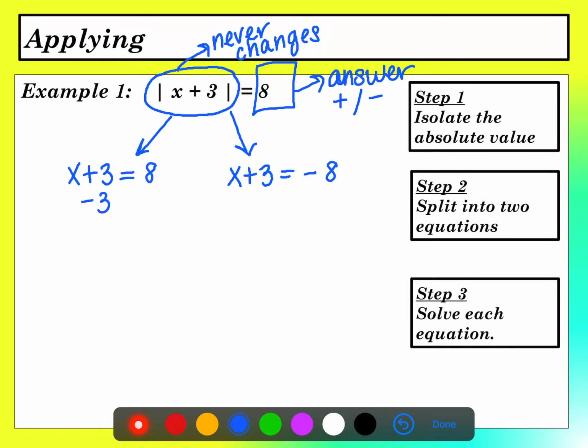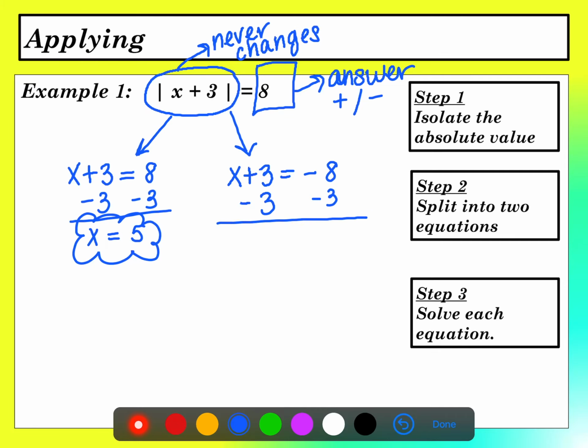All right, and now we can just solve these like normal. So subtract 3. Okay, so our first answer is 5. And our second answer is negative 11. Okay, don't just assume if the first answer is 5 that the second is going to be negative 5. That's not how this works.